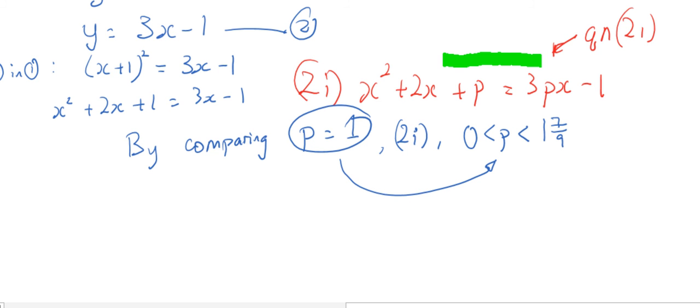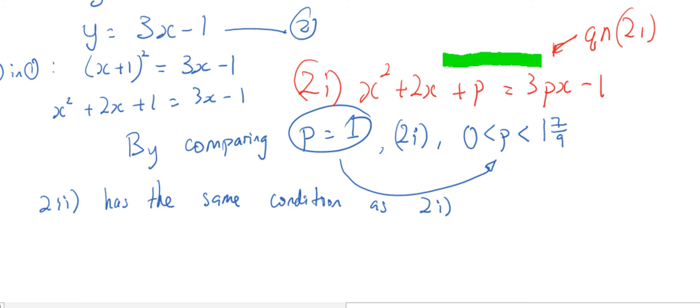Is this under this range? Yeah. So what does it mean? If P is equal to 1 and is under this range, that means 2 part 2 has the same condition as 2 part 1. Does it make sense to you? Okay, let me write down. This means that 2 part 2 has the same condition as 2 part 1.